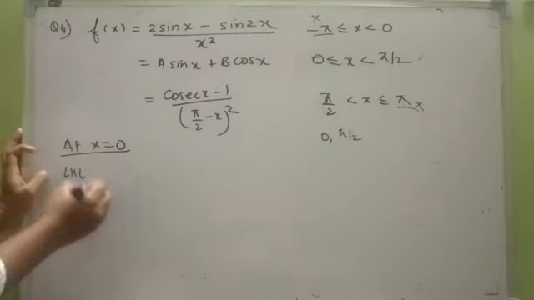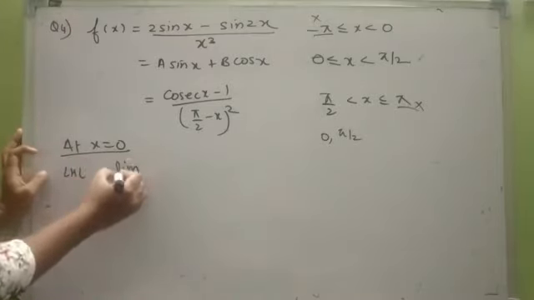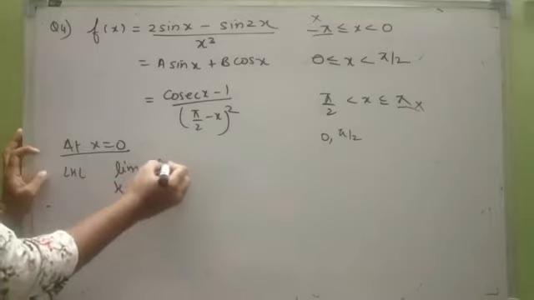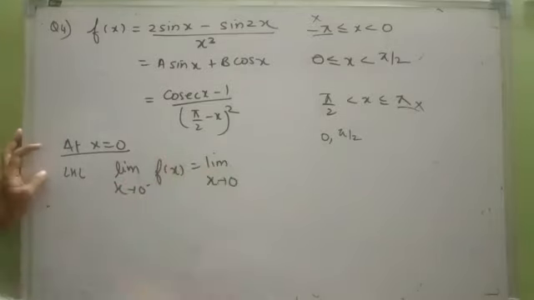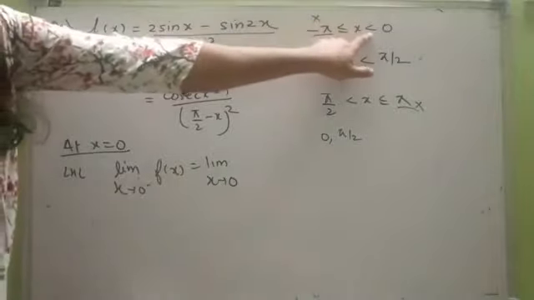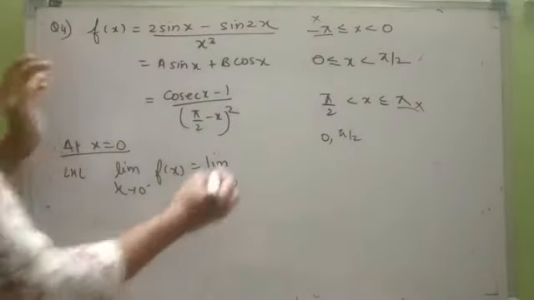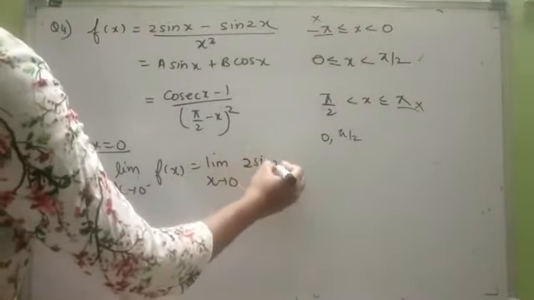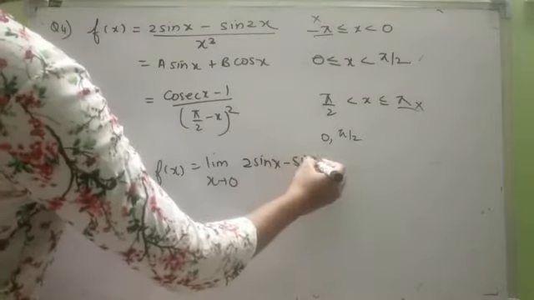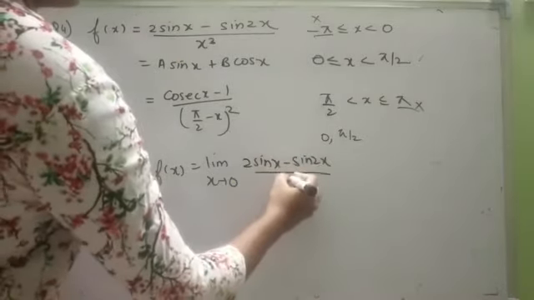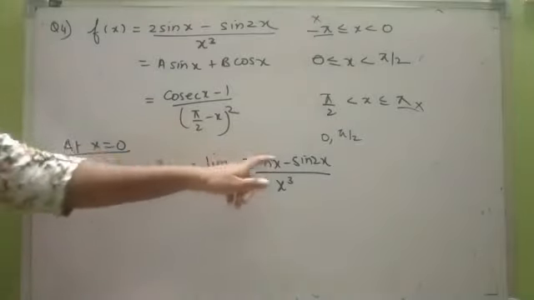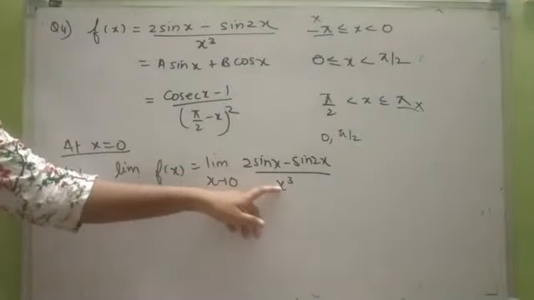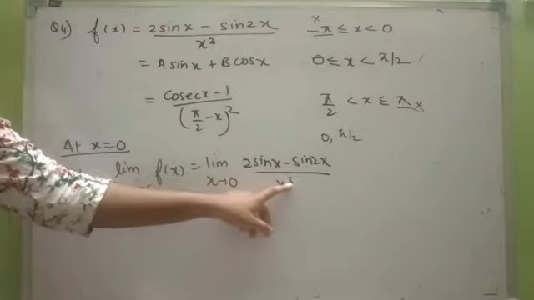So left hand limit: limit x tending to 0 minus f of x, x less than 0 means this function. So 2 sin x minus sin 2x upon x cube. Okay. Now there is a sine function, there is an x in the denominator, but if you have noted, it is x cube.